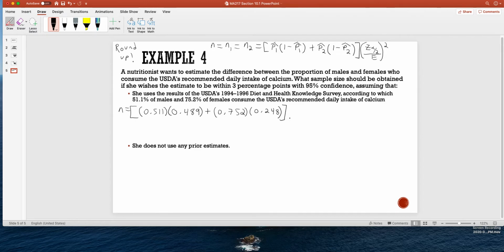And that'll be times the z-score for 95% confidence. This will be 1.96, which you could check if you wanted to, divided by the margin of error of 3 percentage points, so 0.03. And we're squaring that fraction. If we toss this into a calculator or Excel, we get a value of about 1,862.6, which we would then round up to 1,863.